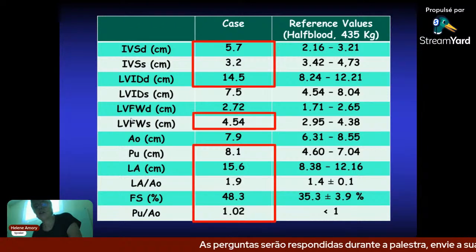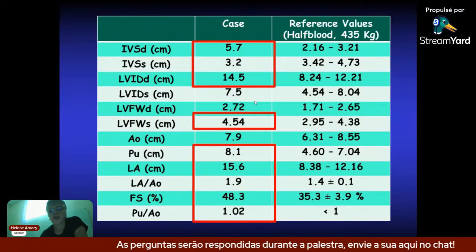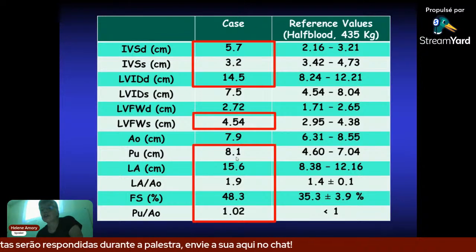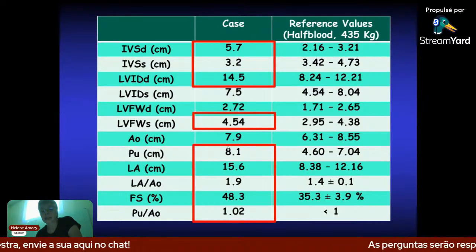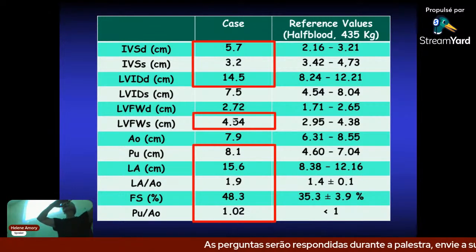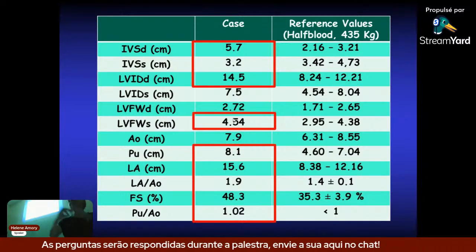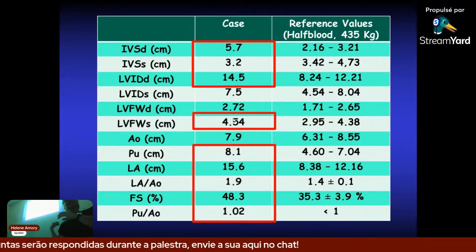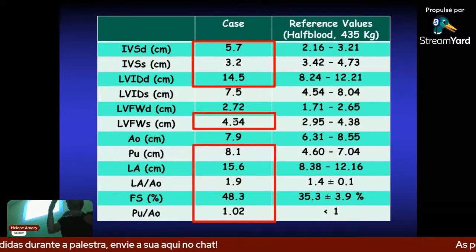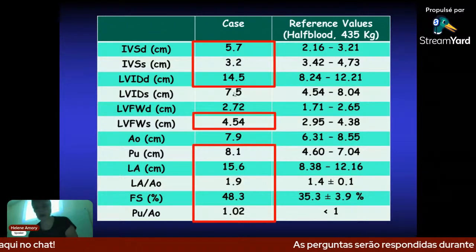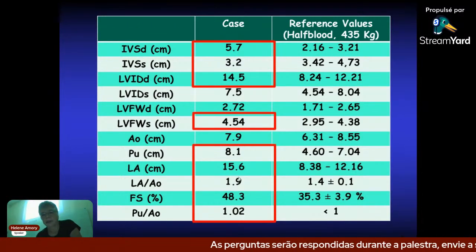The left ventricular free wall during systole was increased, and the diameter of the pulmonary artery was increased, nearly the same as the aortic diameter, which is clearly a sign of pulmonary hypertension, because as I explained this afternoon, normally the pulmonary artery is smaller than the aorta.